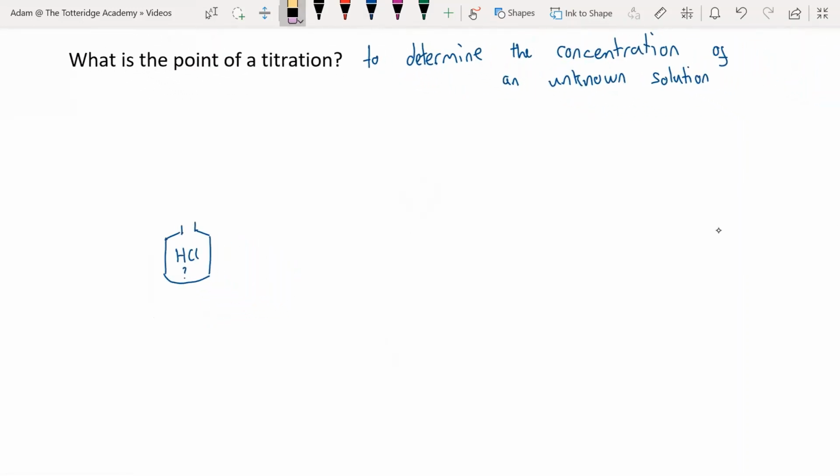So I take some of this hydrochloric acid and I put it in a beaker, like that. And I know the volume in that beaker. So it might have, say, 25 centimeter cubed. I know it's HCl, but its concentration is a mystery.